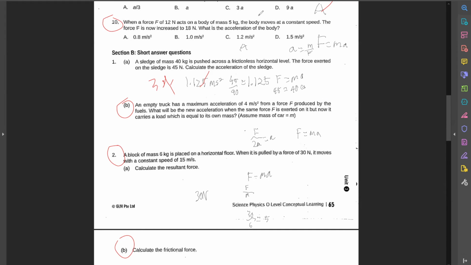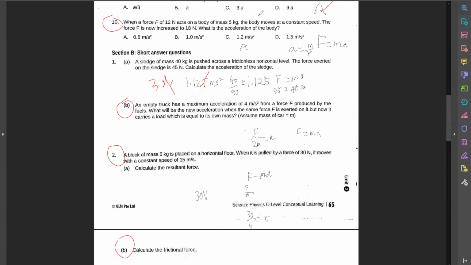Then 1B, I noticed a lot of questions you put in the formula and then you just leave it hanging like that. So I assume you don't know how to continue. Can I assume that? Okay.